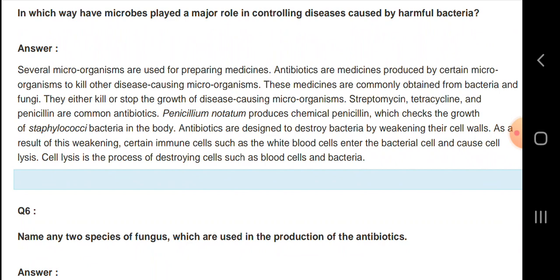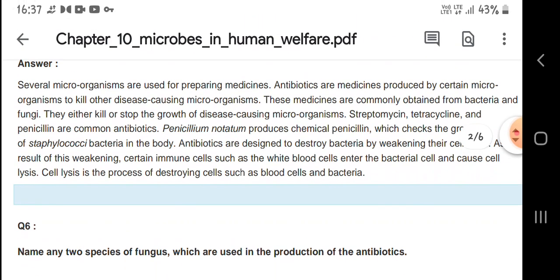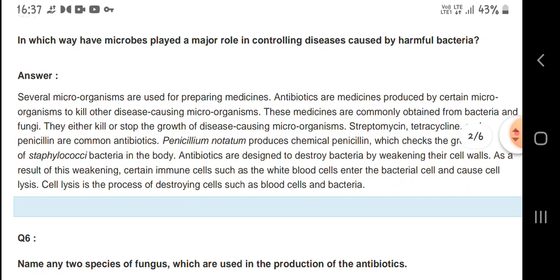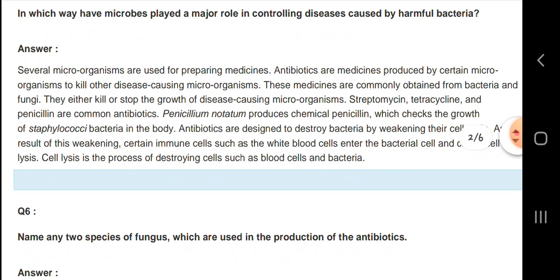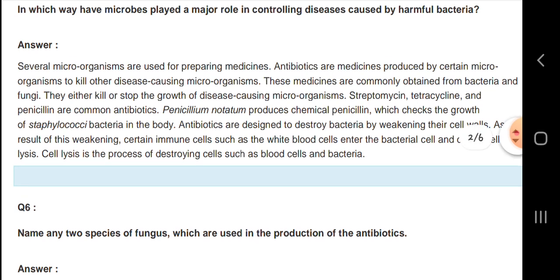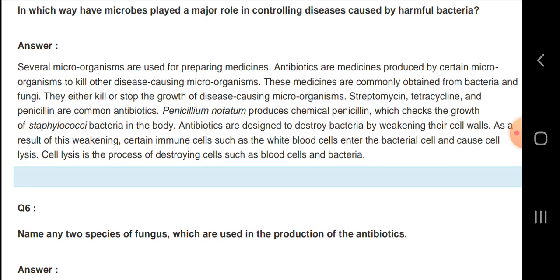Let's know in which way microbes have played a major role in controlling disease caused by harmful bacteria. Several microorganisms are used for preparing medicines. Antibiotics are medicines produced by certain microorganisms to kill the disease caused by microorganisms.